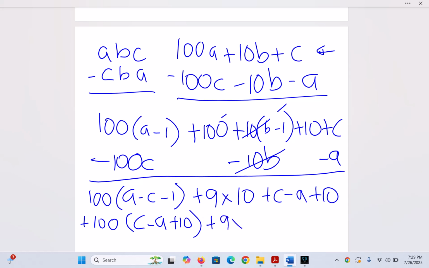The middle always stays the same. Plus this one, which is A minus C minus 1. Why do I have to put 100? Because now it's in the one place. Why I put 100 here is because C minus A plus 10 is now in the 100 place. That I have to multiply by 100. All right, that's the reason I multiply this one by 100, and I eliminate the 100 for this one.